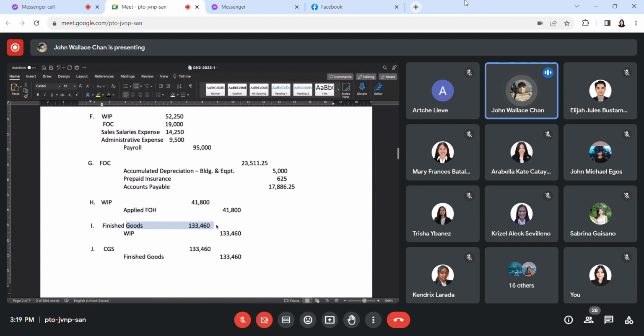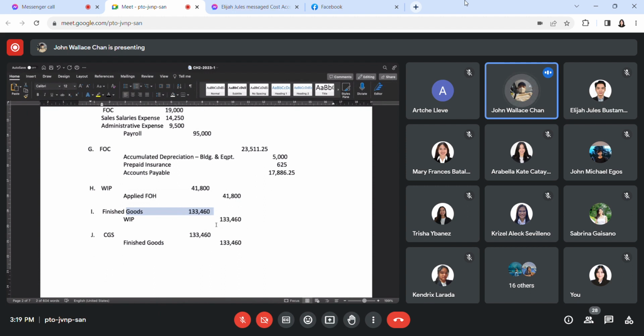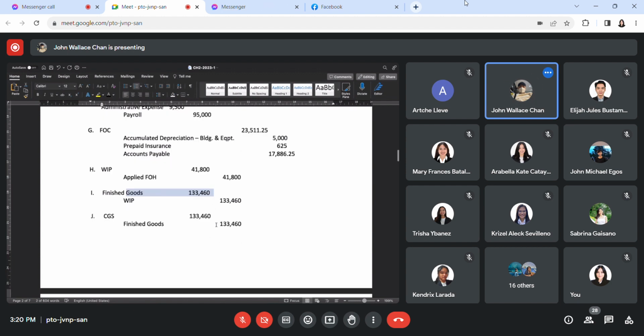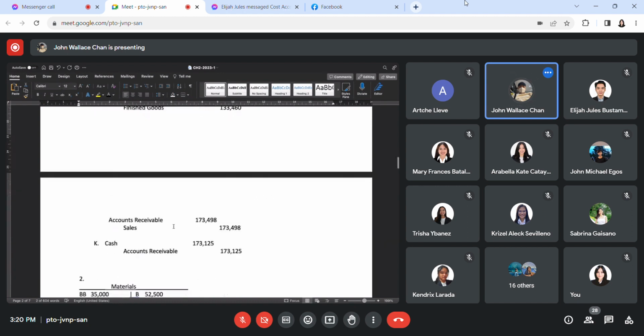And then for letter J, both of these jobs were shipped and billed at a gross profit rate of 30% of the cost of goods sold. So we debit cost of goods sold 133,460 since we sold it na. So from the storage we sold it, so we debit cost of goods sold and then we credit finished goods inventory.